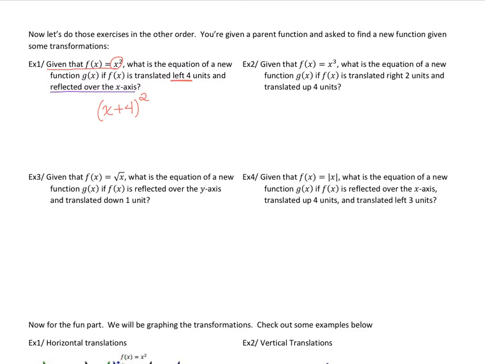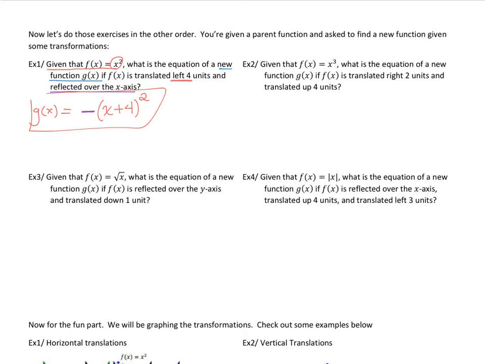So what that does is it tells you to put a negative in front of the entire thing. And so now we can just say that this equals g of x, the new function. Right? So we were finding a new function, g of x. So that's it. This is your answer.